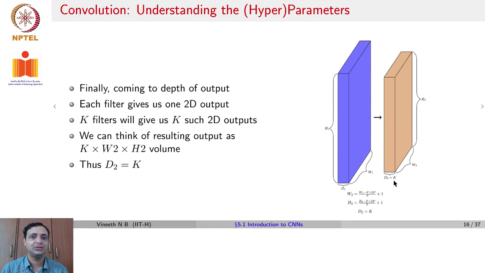That's the number of filters you used. For each filter, you would completely convolve your filter volume with the input volume, get one 2D image. You take another filter. You could imagine taking a vertical Sobel filter and a horizontal Sobel detector. Those would be two different filters. So you run both of them and you would get two images as output. You just place them one after the other to form a volume. So your D2, or the depth of the output, would be your number of filters, or K.